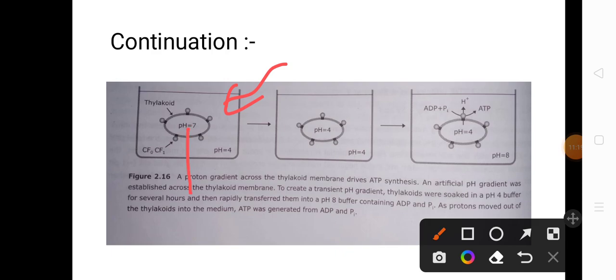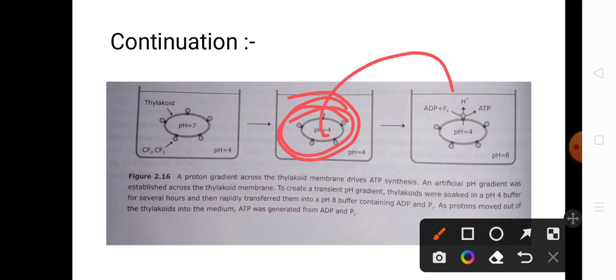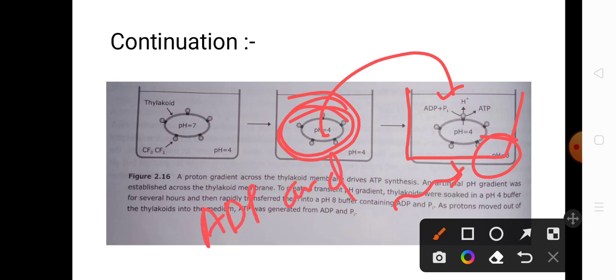Once the pH of the lumen becomes 4, the vesicles are immediately transferred to a system containing a buffer solution of pH 8 filled with ADP and Pi. And again, the dark condition is maintained.